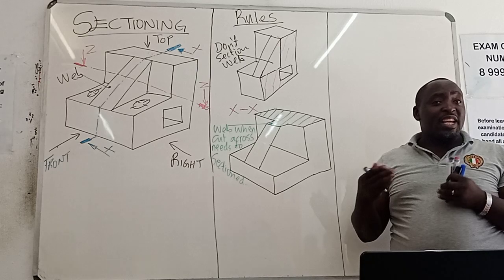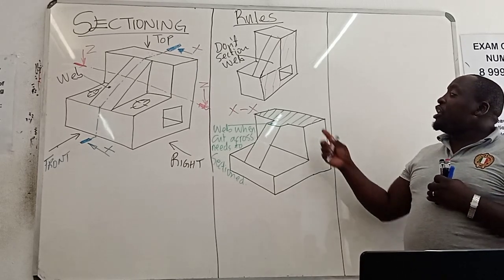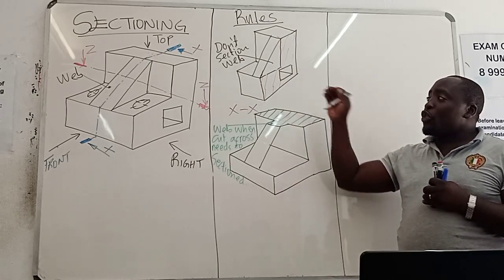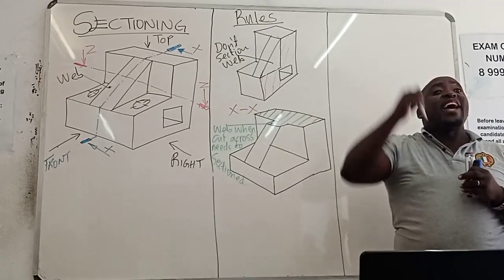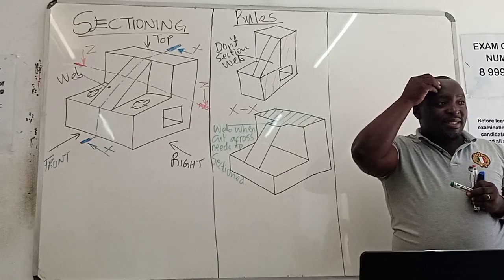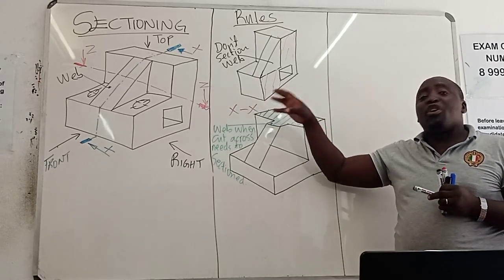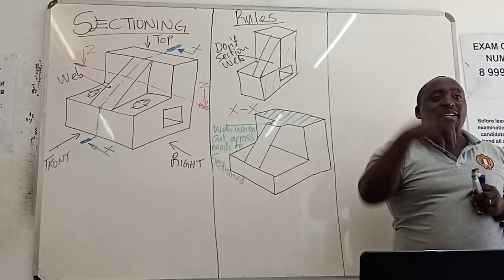Am I making myself clear here? Yes. Remember, I'm only showing you the blocks. I'm not yet showing you in orthographic how you should represent. So here it's just for your visualization. This ends in your brain. Whenever you're drawing orthographic drawings and section drawings, this is in your brain. You need to see it.